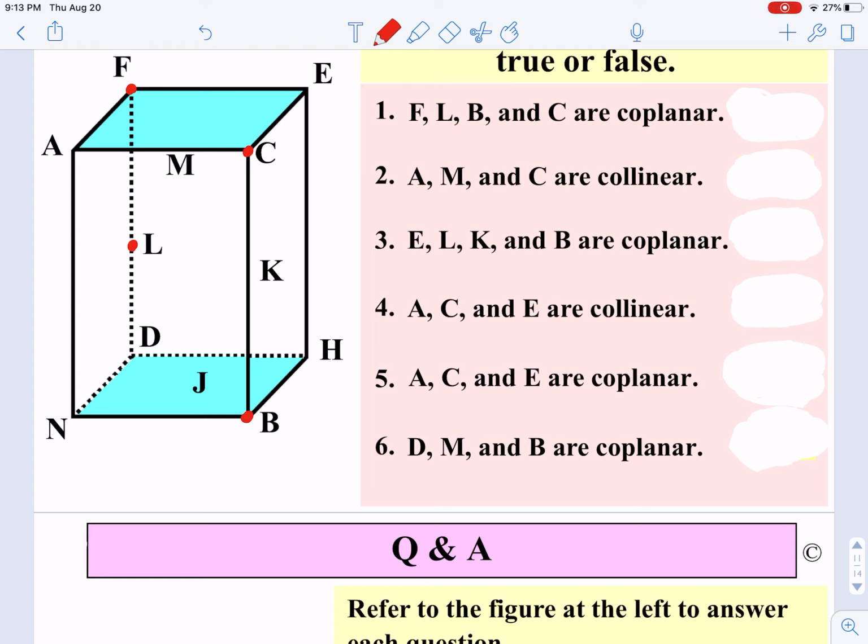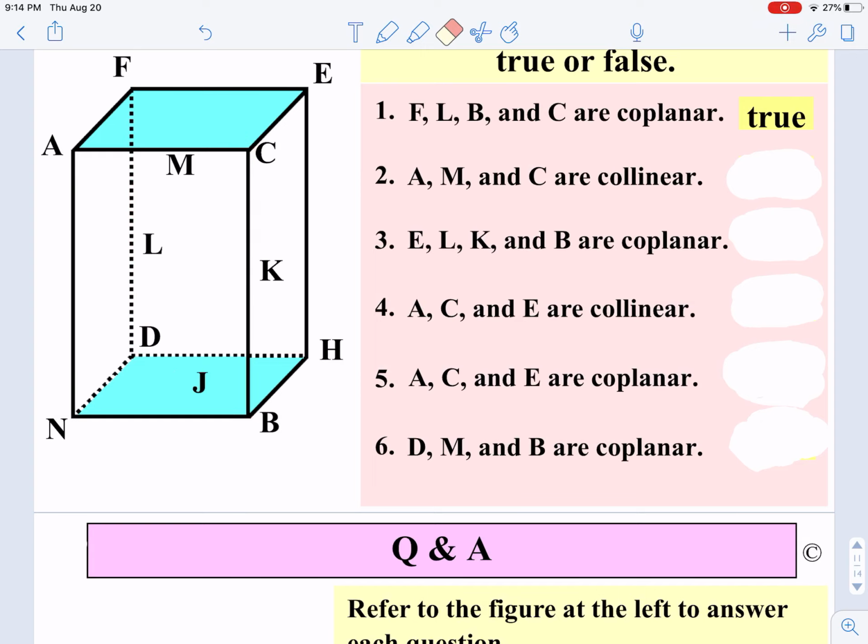However, by looking at it, when you say that they are not all on the same plane, if I actually slice through this, okay, I would have this as a plane. So you've got to kind of visualize what's going on. You may have to draw over your picture. So question number 1 is true. Let me get rid of this that I wrote on here so we can do the next one.